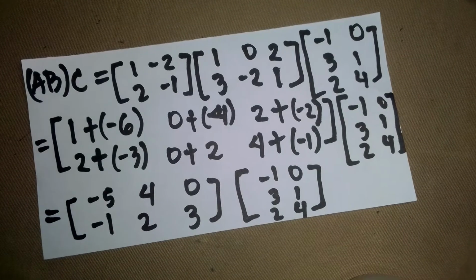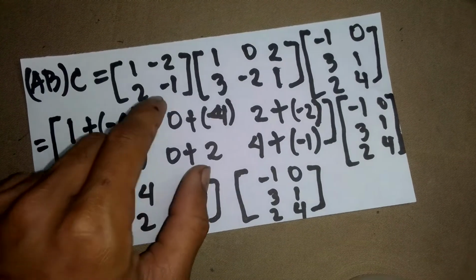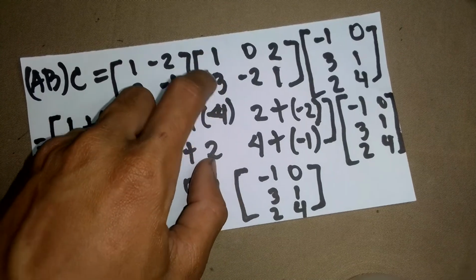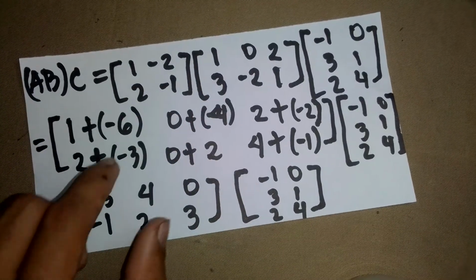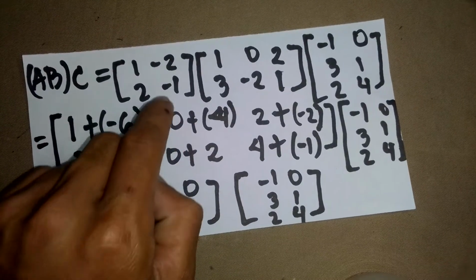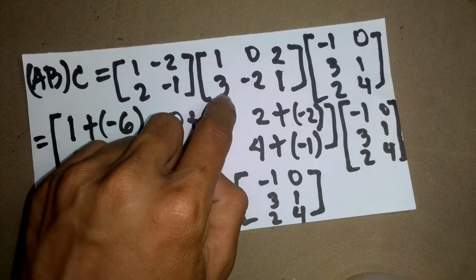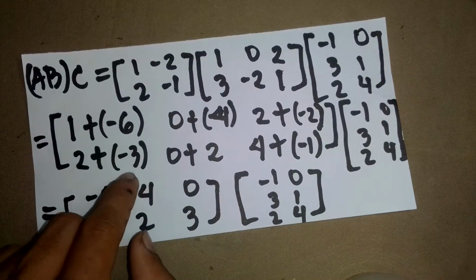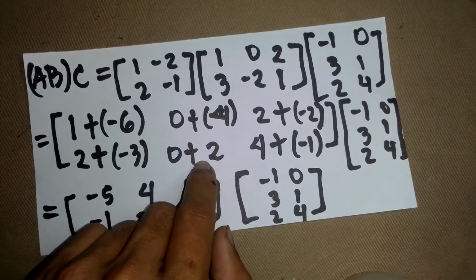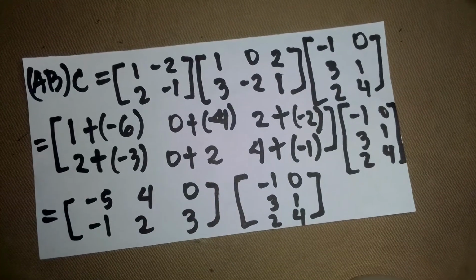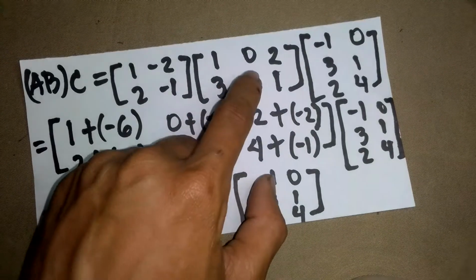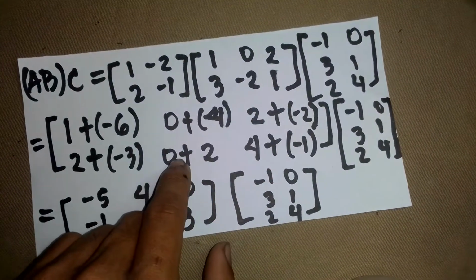For the second row, we multiply the second row to the first column. 2 multiplied by 1 is equal to 2. Negative 1 multiplied by 3 is equal to negative 3. For the second row, second column, we multiply 2 by 0, which is equal to 0.